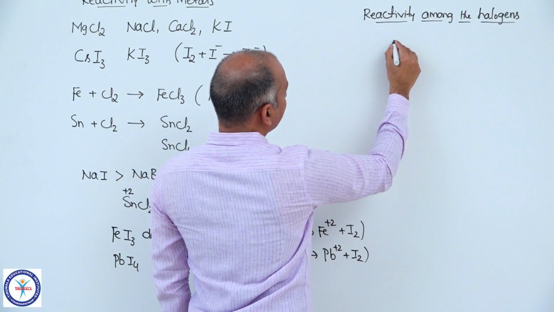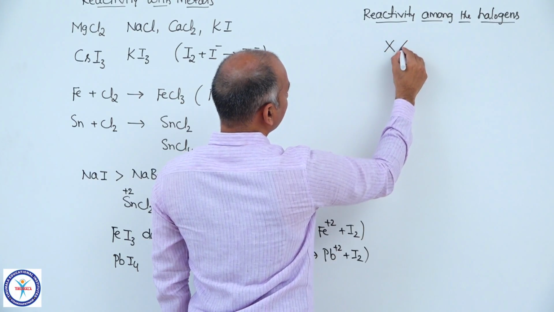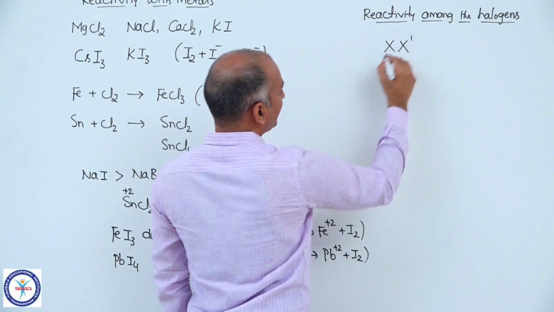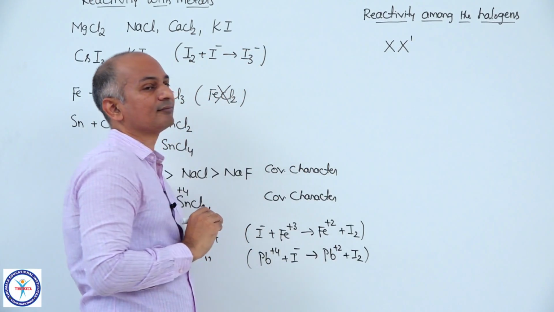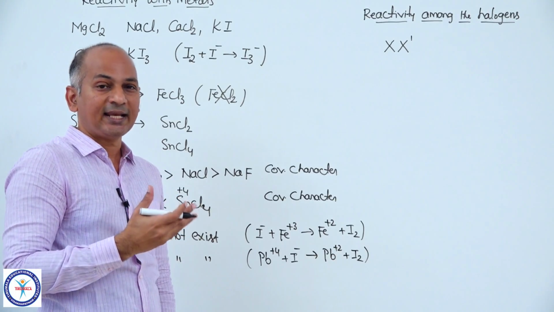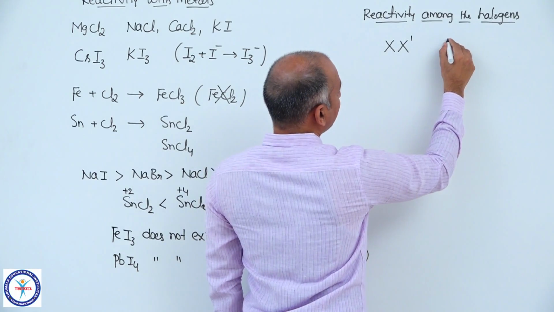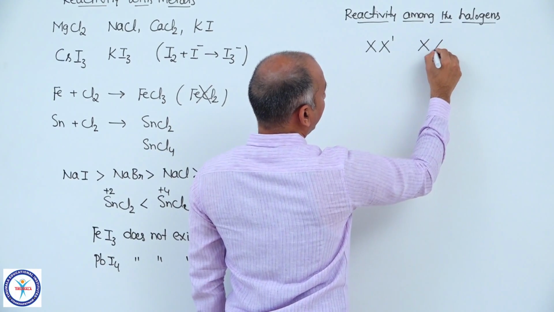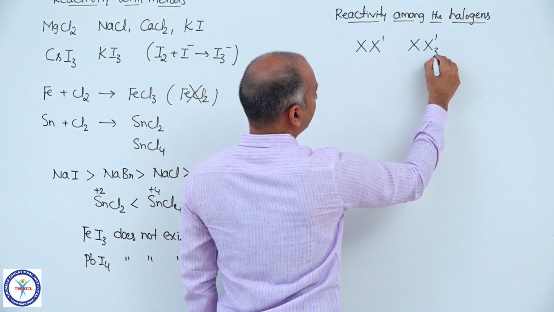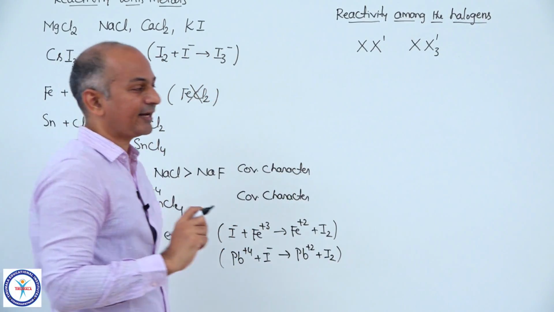These interhalogen compounds are of different types. One type is XX', for example BrCl, ClF, BrF. Another type is XX'3, with 3 surrounding atoms and 1 central atom.